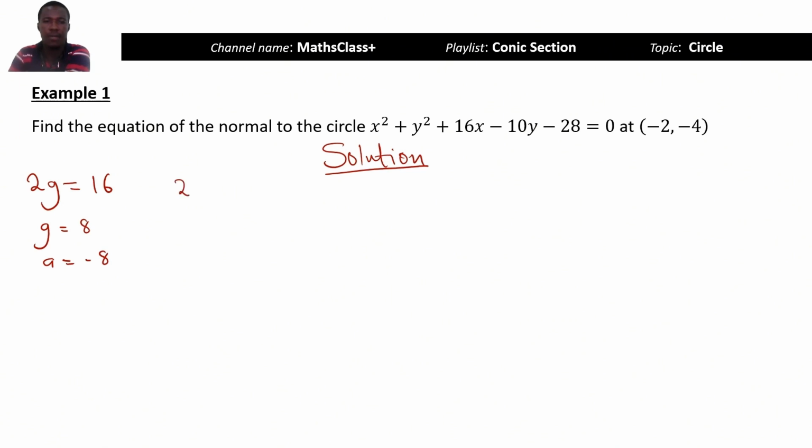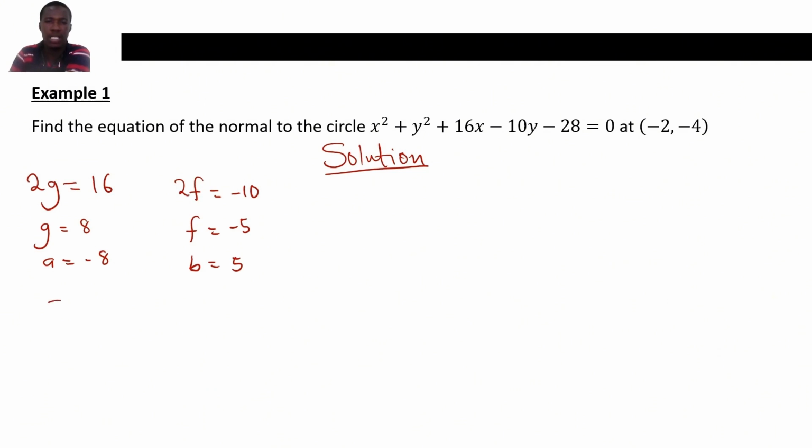Then 2f is equal to -10, so f is equal to -5 and b is equal to +5. Therefore, the center of the circle is (-8, 5).